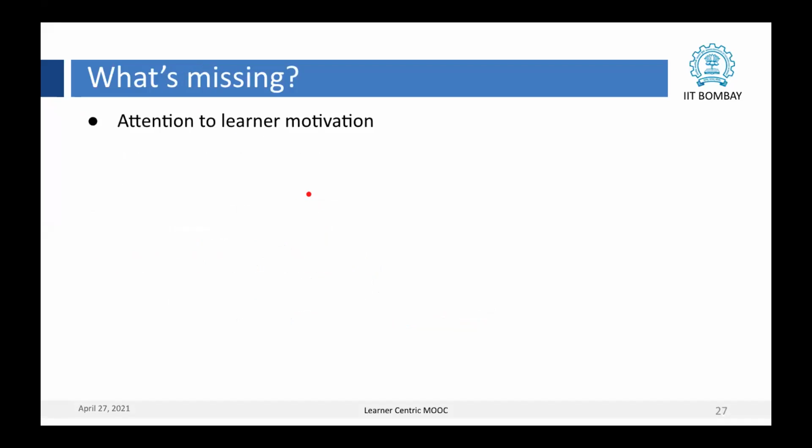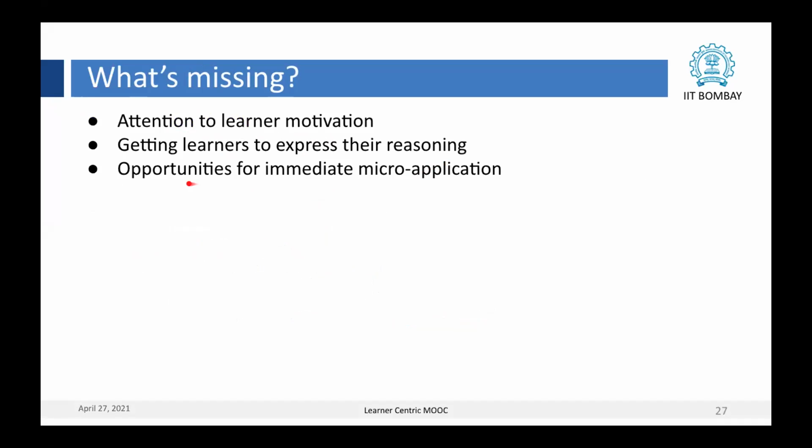The missing part is attention to learner motivation, like one of you said, or whether it's interesting or not. The missing part could be getting learners to express their reasoning. And there are missing opportunities for immediate micro-application, like reflecting immediately after the video.